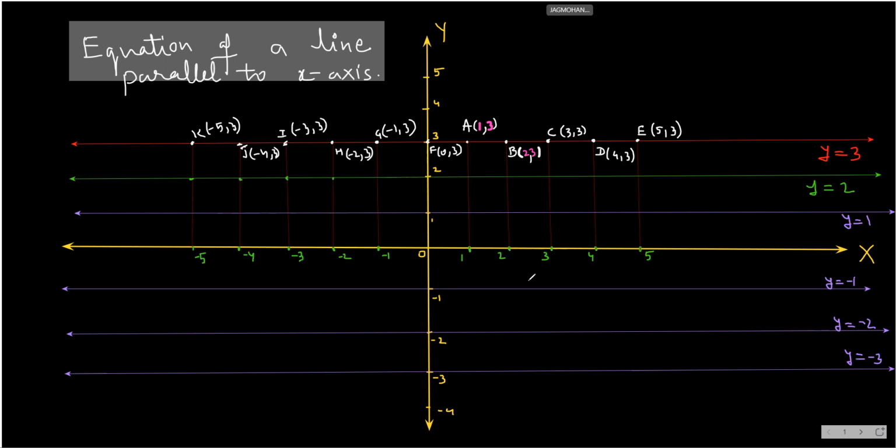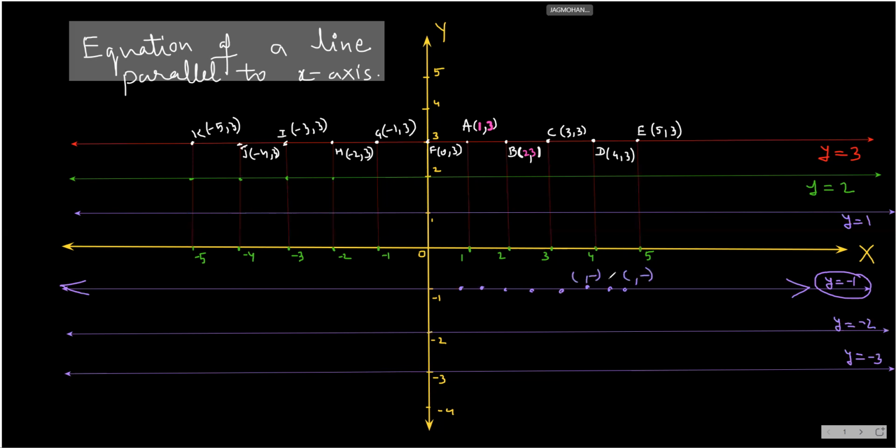Once again, if I ask you why the equation of this line is y equals -1, the answer is very simple: this line is made up of infinite points and all the points have their y coordinate -1.